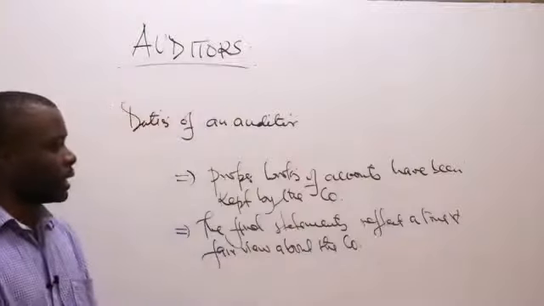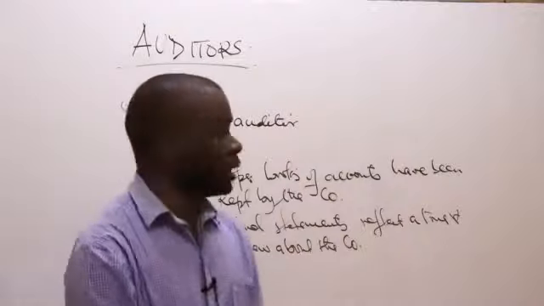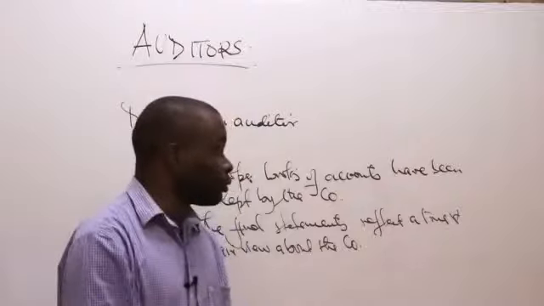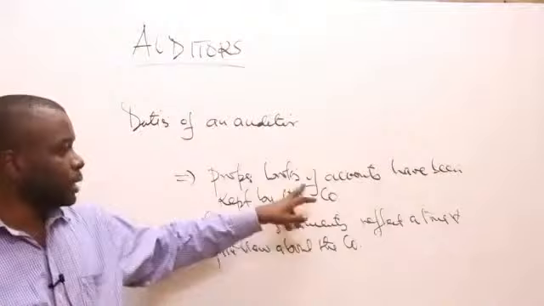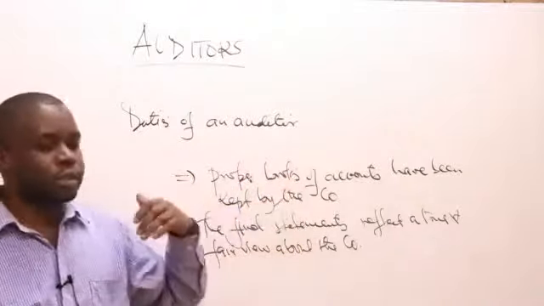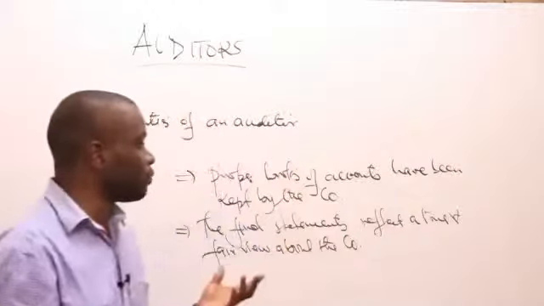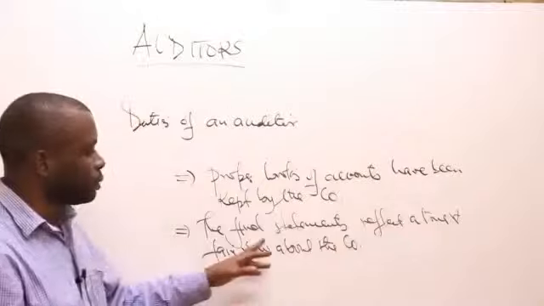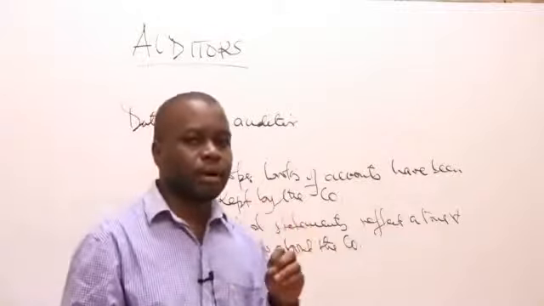So when you talk about the auditor, for him to be able to carry out his audit work, he must have one key right, which is known as the right to information. Right to information means that he has been given access, for example, to the books of accounts. Because if he doesn't get access to the books of accounts, he won't be able to form an opinion on them. He can't give the opinion that the books of accounts reflect a true and fair view about the company.